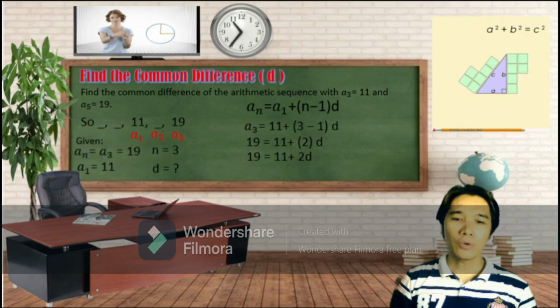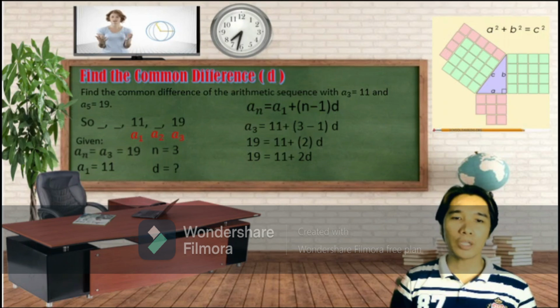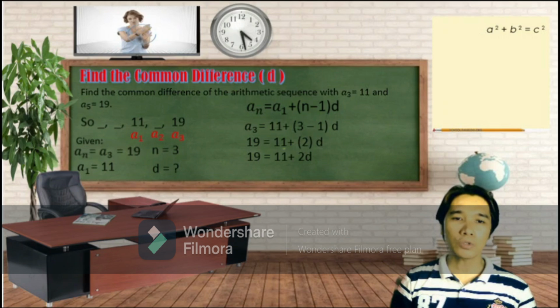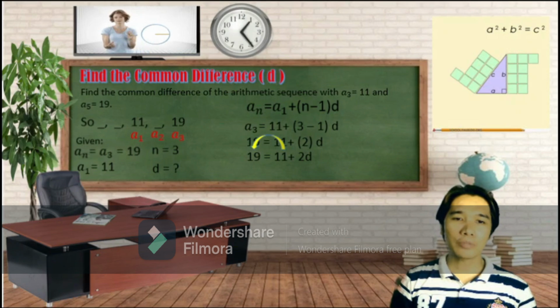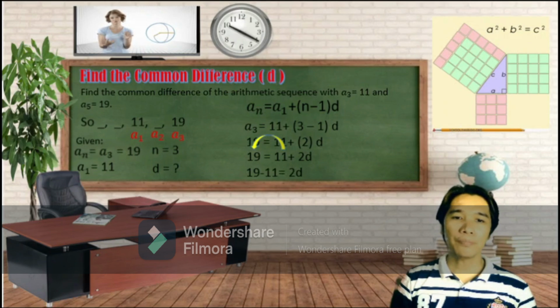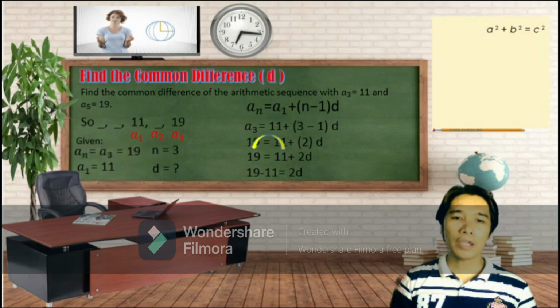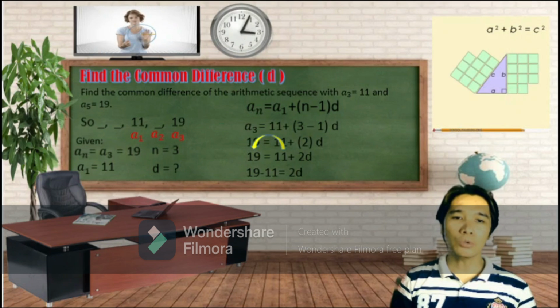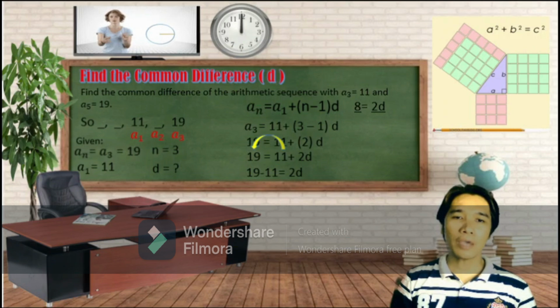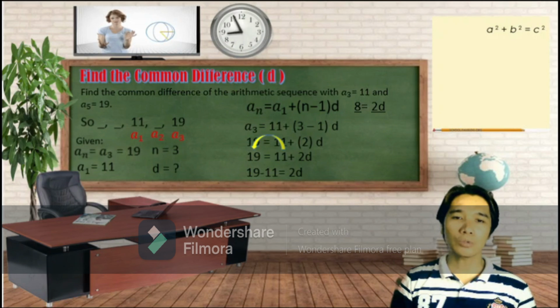So therefore, we are going to apply the addition property of equality, or we are going to transpose 11 to the other side of the equation. So we have 19 minus 11 is equal to 2D. So 19 minus 11, we have 8 is equal to 2D.